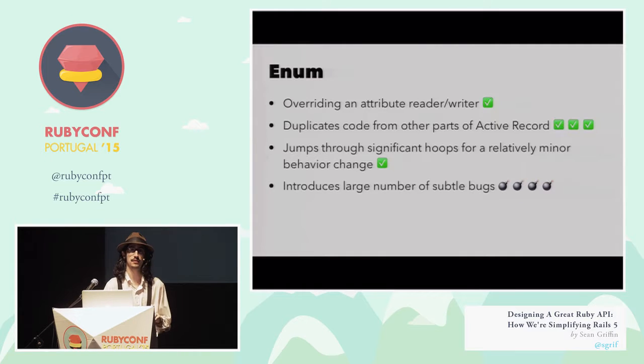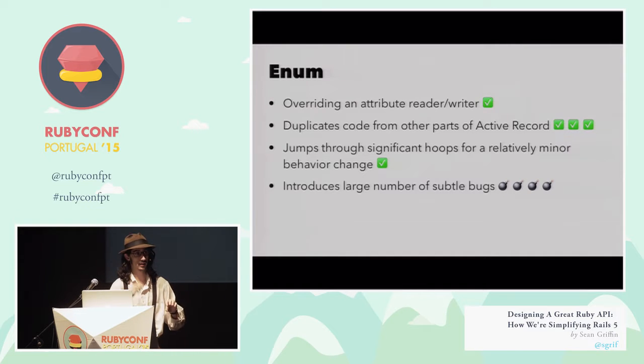And one of the big missing features in Rails 4 that people have asked for over and over again with enum is, if you've got, say, status and it's enumerated to published or draft, you couldn't actually do where status draft.